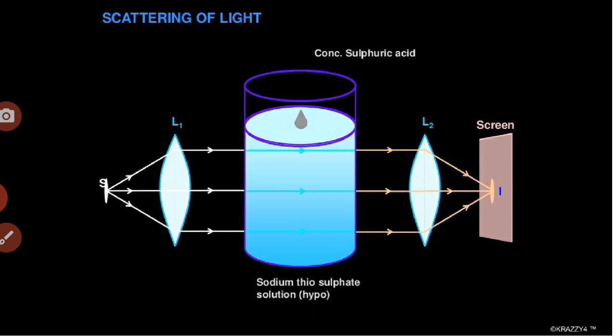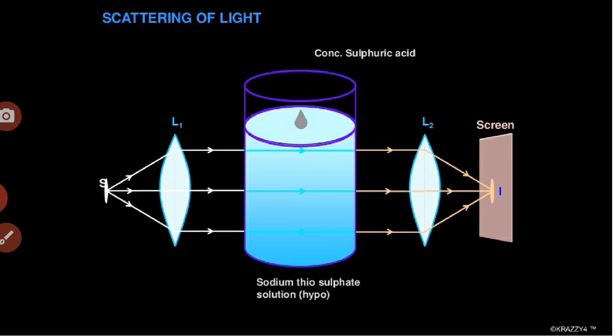Now dissolve about 200 gram of sodium thiosulfate, that is hypo, in about 2 liters of clean water taken in the tank. Now add about 1 to 2 ml of concentrated sulfuric acid to the water.